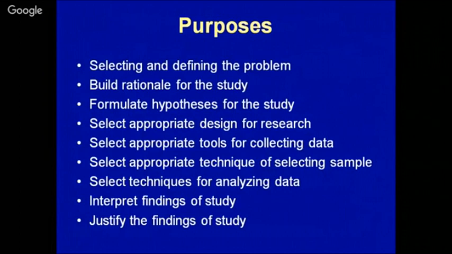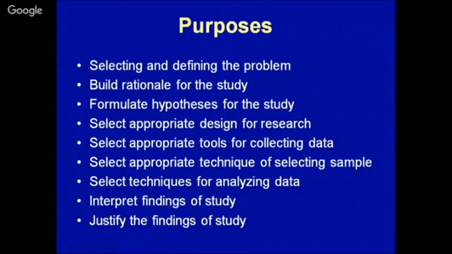So the very first basic purpose which review of related literature serves is to help the researcher in selecting the problem, identifying the variables which need to be included in the study, and stating the objectives of the study.